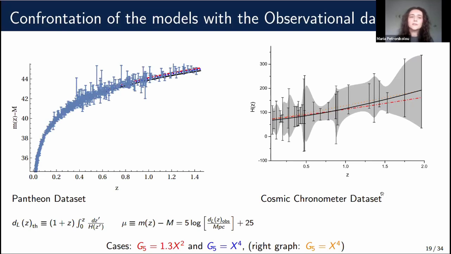Here you can see that we have achieved the correct observational, cosmological behavior, and we are in agreement with the Pantheon dataset. On the right, you can see a plot of the Hubble parameter as a function of the redshift. And here you can see the confrontation of our model with the cosmic chronometer dataset. At the confidence level of 3 sigma, our models are in agreement with that dataset and could give a higher H naught value than that of the ΛCDM.